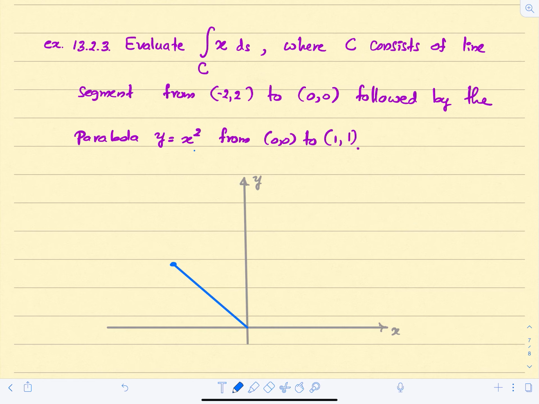We have a line segment that goes from -2, 2 to 0, 0, and after that we have a parabola, this is y equals x squared, and it goes from 0, 0 to 1, 1.